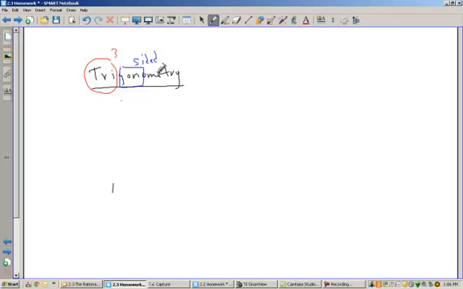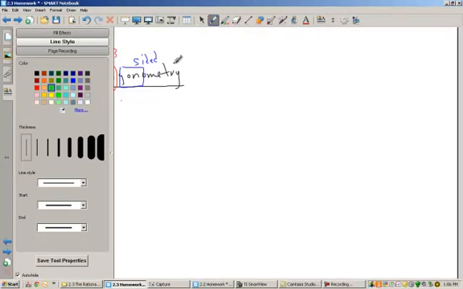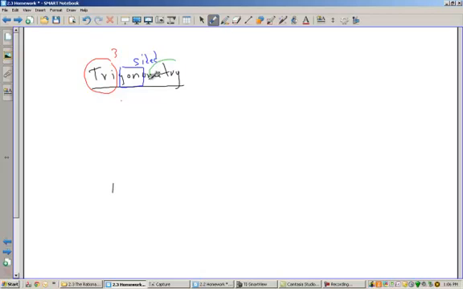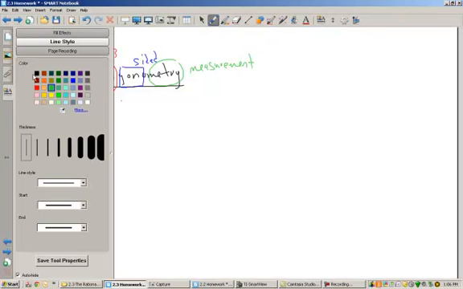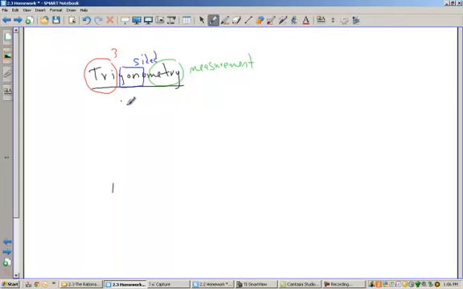So 3-sided measurement. What trigonometry is, it's really the study of 3-sided figures, the study of triangles. That's all. And what makes it so nice is it's relatively easy to work with.